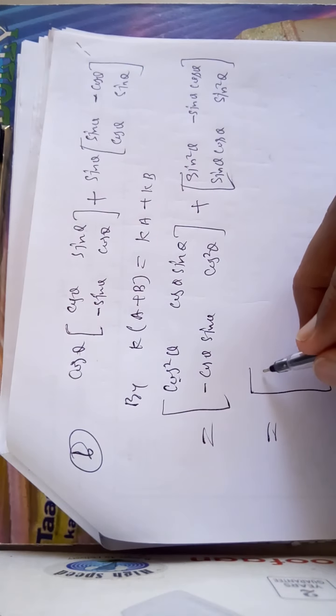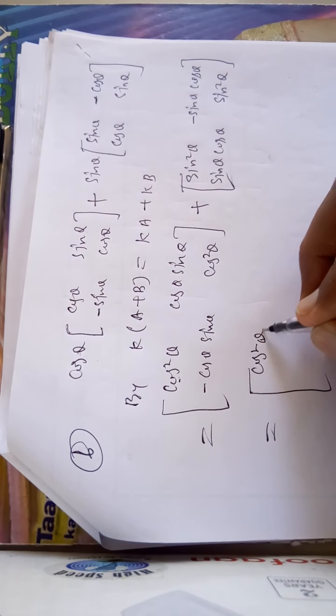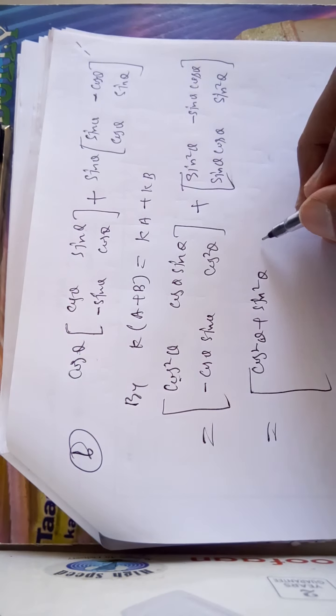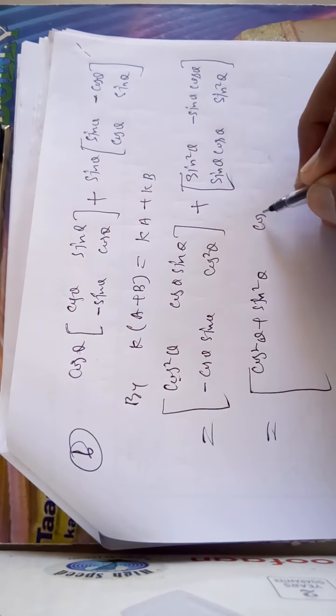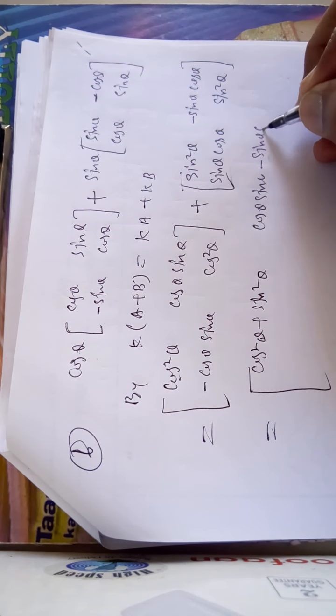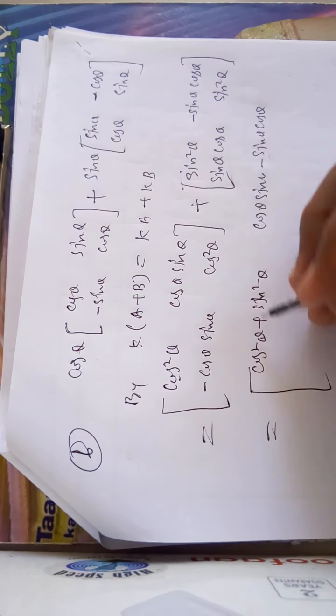Now add: cos squared theta plus sin squared theta. In the second column, cos theta sin theta minus sin theta cos theta cancels.